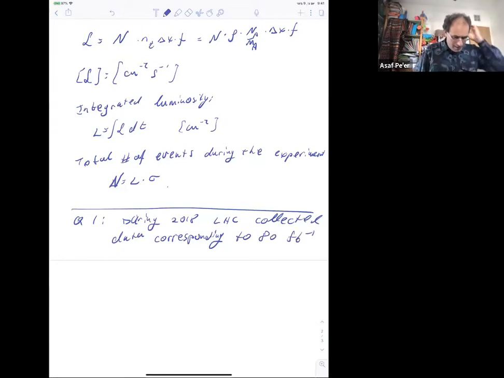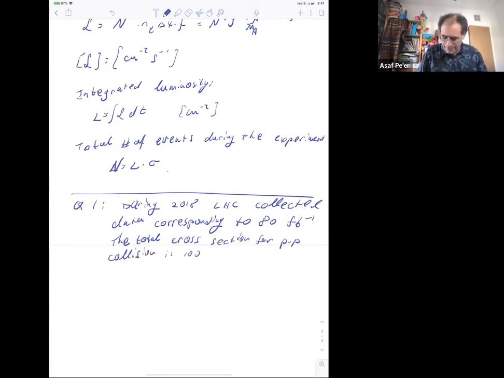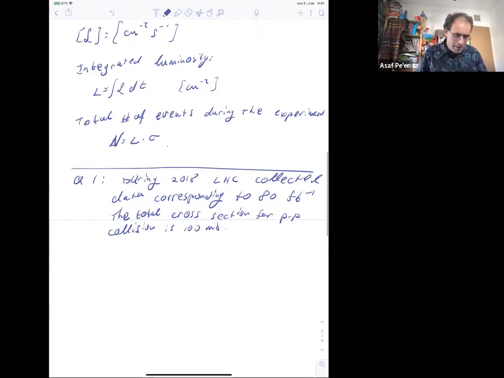Now, the LHC is the Large Hadron Collider, so it collides protons. It's a proton-proton collider. So the total cross-section for the PP collision is 100 millibarn. Then what was the collision rate in the LHC during the year?